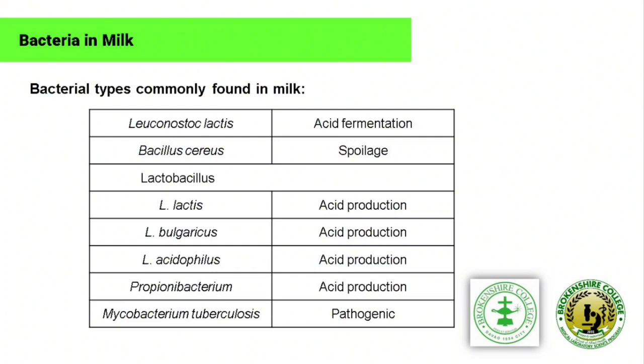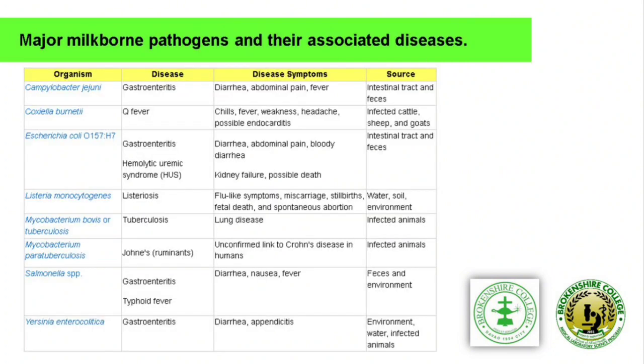So the major milk-borne pathogens and their associated diseases are: first, we have Campylobacter jejuni, which causes gastroenteritis. Disease symptoms are diarrhea, abdominal pain, fever. Sources are the intestinal tract and feces.